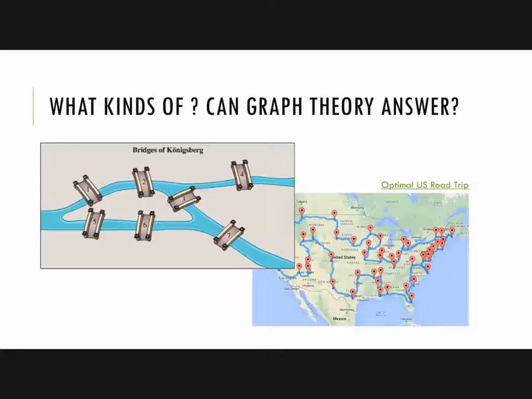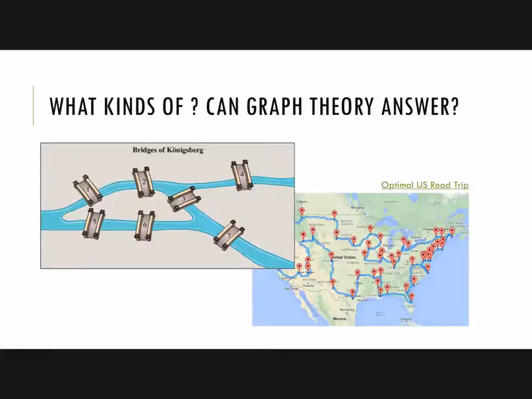So one of their favorite pastimes was to try to find a route that would cross all 7 bridges exactly once and begin and end at the same location so that they could get home or back to wherever they started. So they tried for a while and they weren't able to find such a route, but they weren't sure if they were just missing one or if it was actually impossible.